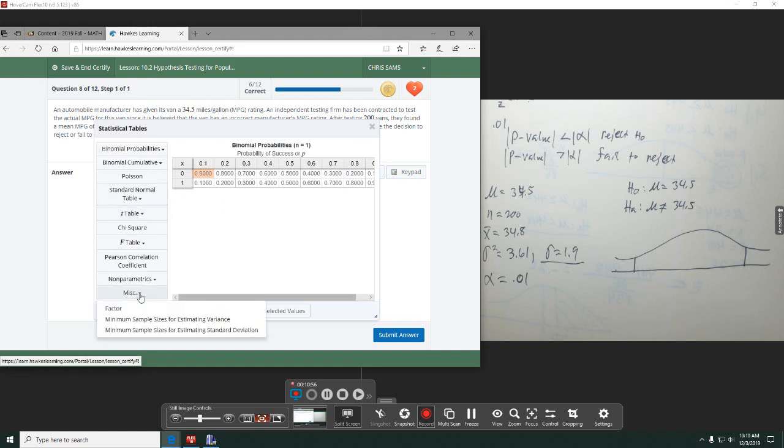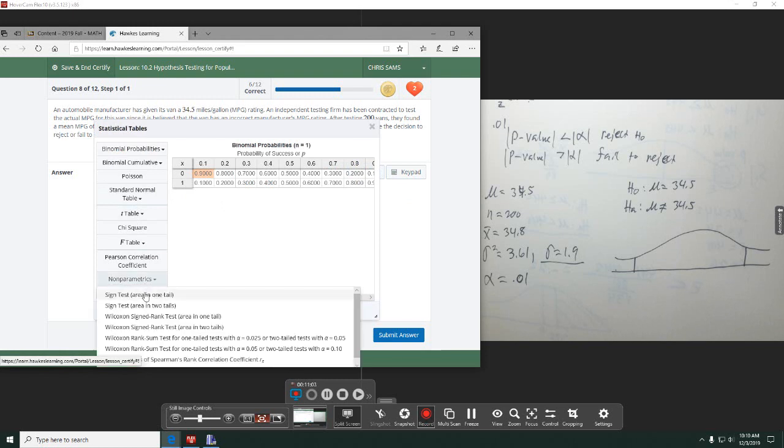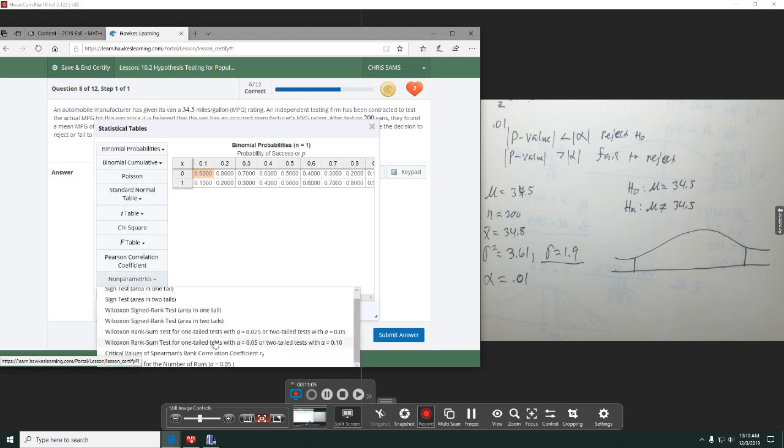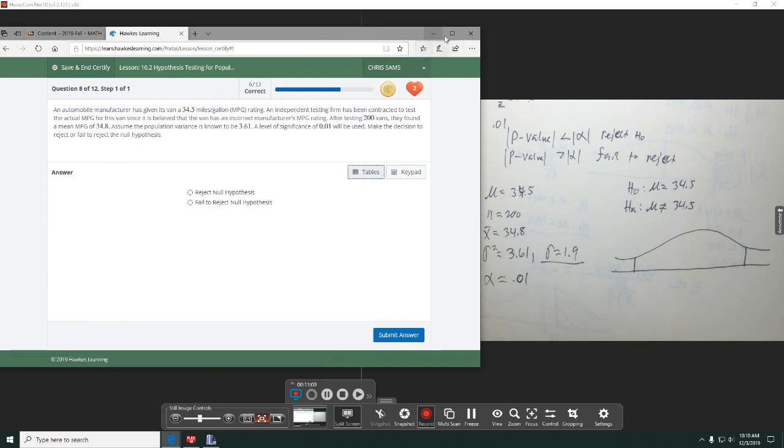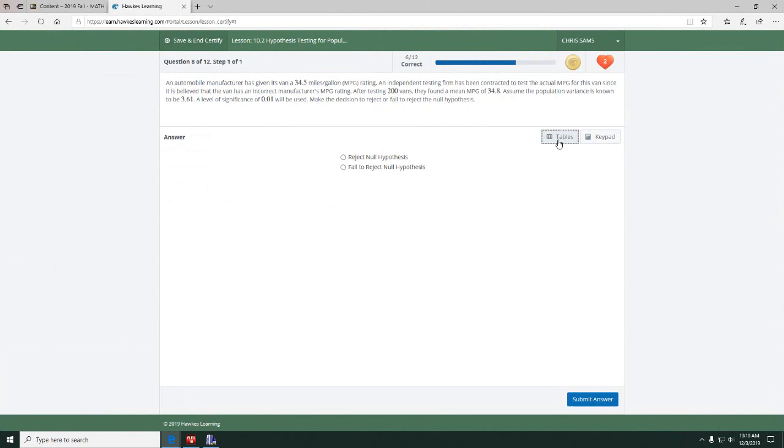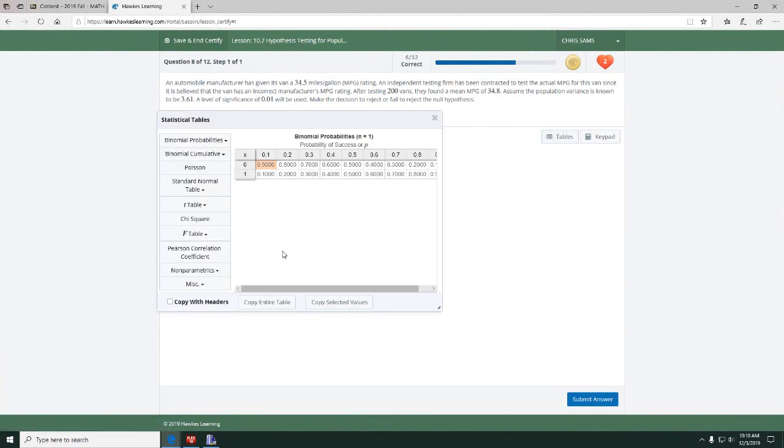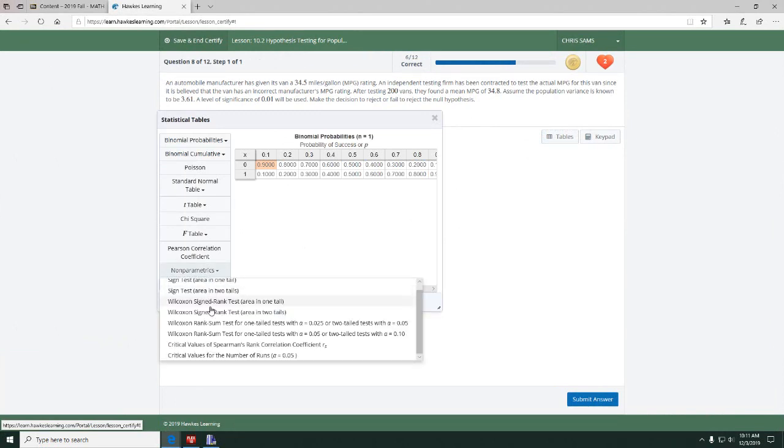I think we can go to the miscellaneous. Nope. Critical value. Let me make this bigger. Having a hard time seeing everything. Tables. And then non-parametric.